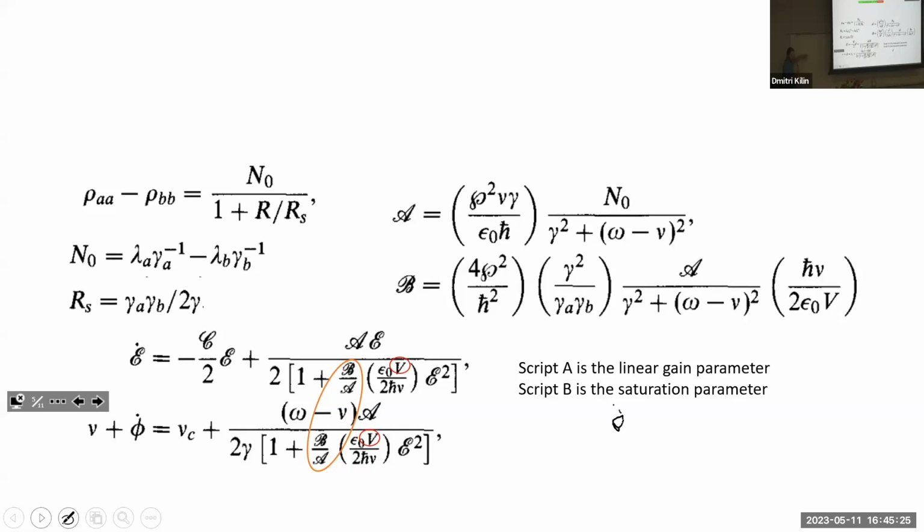It's like a neon light, it doesn't just glow by itself. It needs energy added. Calligraphic A is like an Einstein coefficient B, and this little gamma is somewhat related to Einstein coefficient A, but for mental sanity it's better not to make these parallels. Okay.